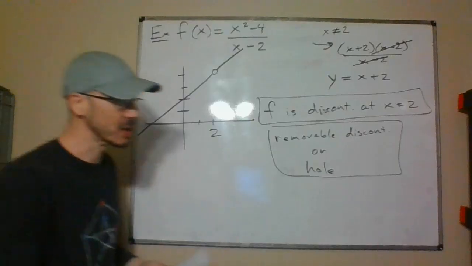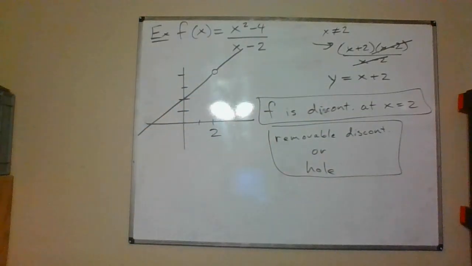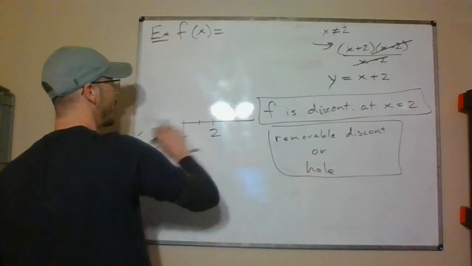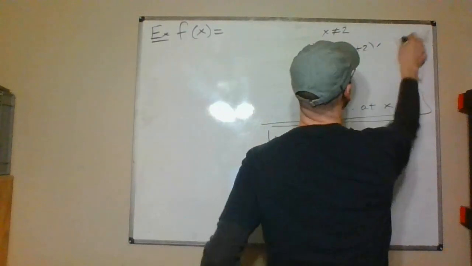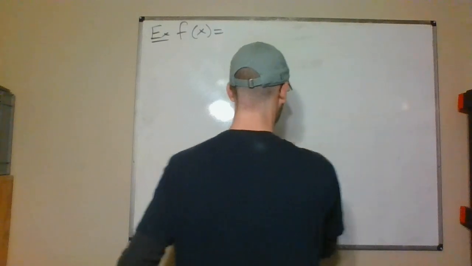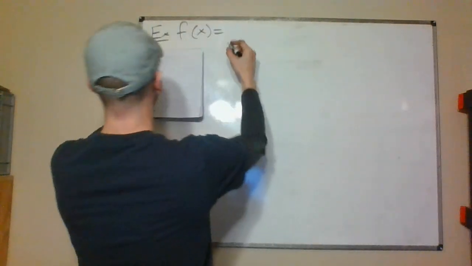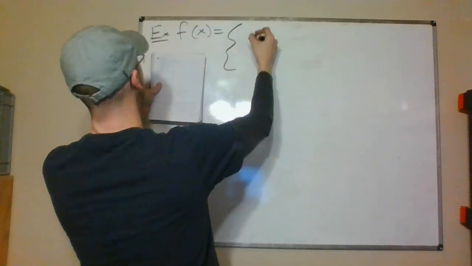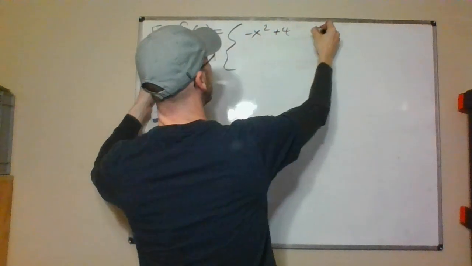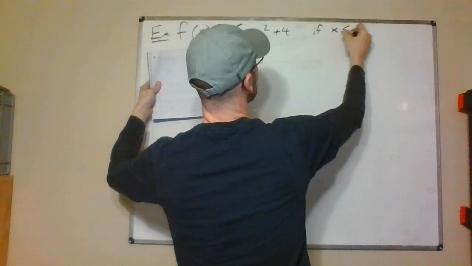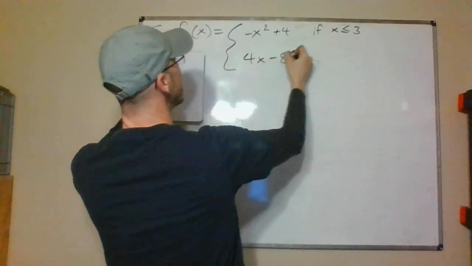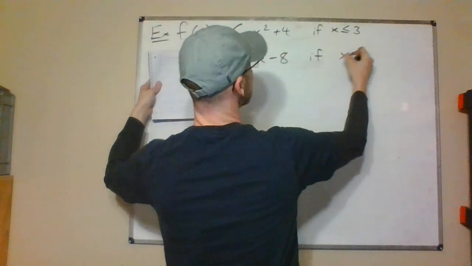Let's do another one like this. Look at the discontinuity and classify it. So for this one, I'm going to have a piecewise defined function, negative x squared plus 4, if x is less than or equal to 3, and 4x minus 8, if x is greater than 3.